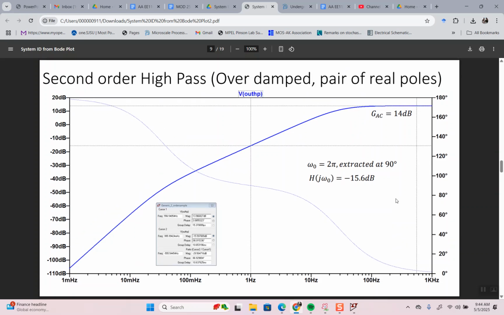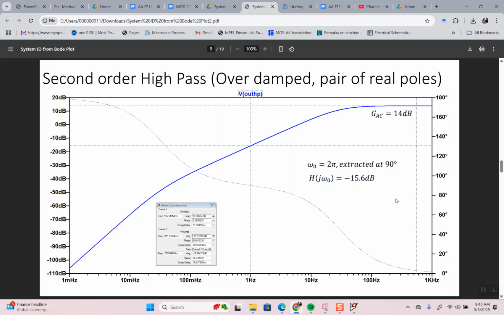So again, now I'm just reading it off of LTspice. Again, I would just do the asymptotes for low frequency and high frequency. Where do they intersect? Come up with an omega naught. In this case, it's a hertz, right? Extract it at 90, so I know it's non-inverting.